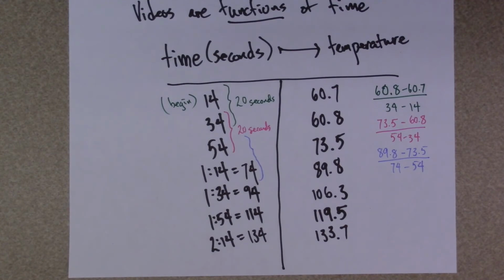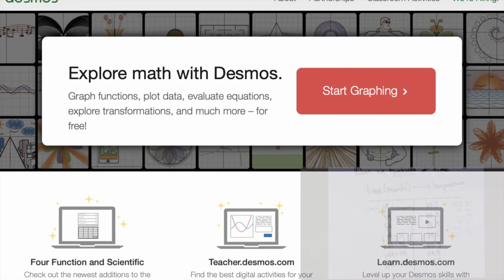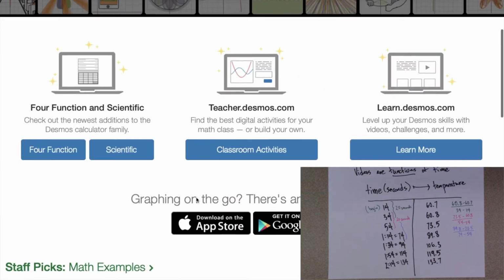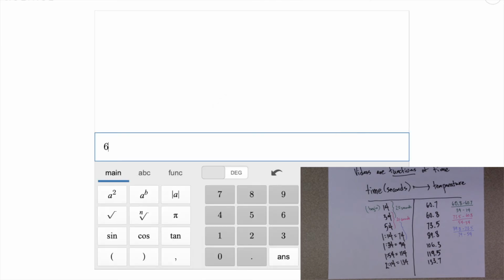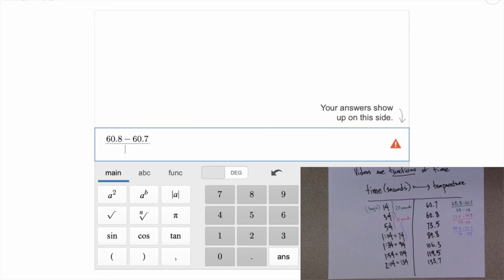And so, as I look at these numbers, we'll calculate a few numbers. And I can see that 60.8 minus 60.7, I guess I could have done that in my head. And then that's going to be 34 minus 14.